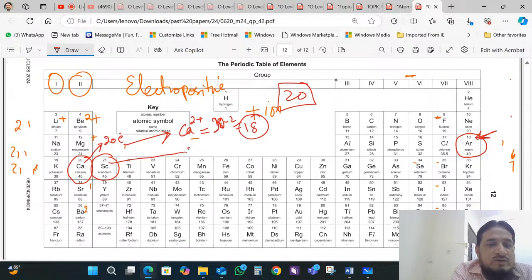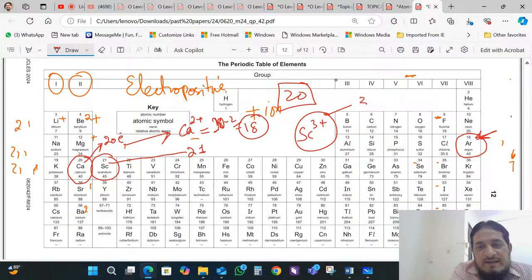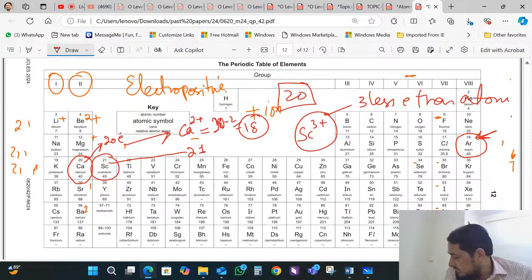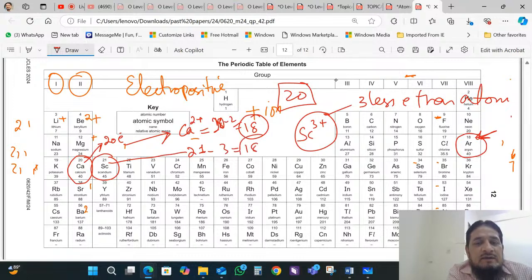Sc has 21 electrons. And when it is Sc3 plus, 3 plus means it has 3 fewer electrons than the atom. So you minus 3, and it will be 18.